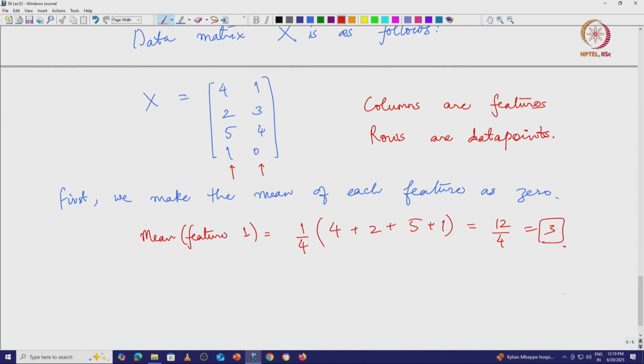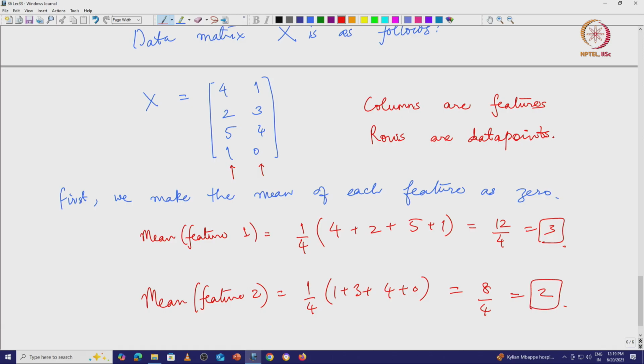Then if you compute the mean of feature 2, that is again 1/4 of 1 plus 3 plus 4 plus 0, that is 8 divided by 4, which is equal to 2. Okay. So this is where we are.